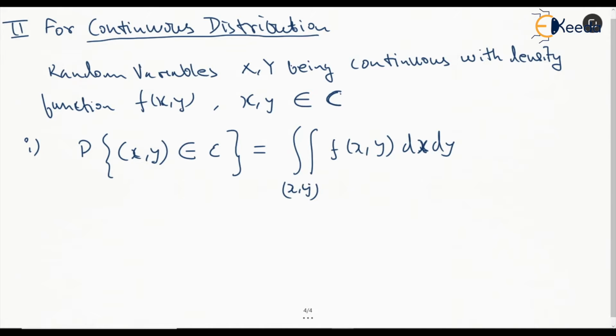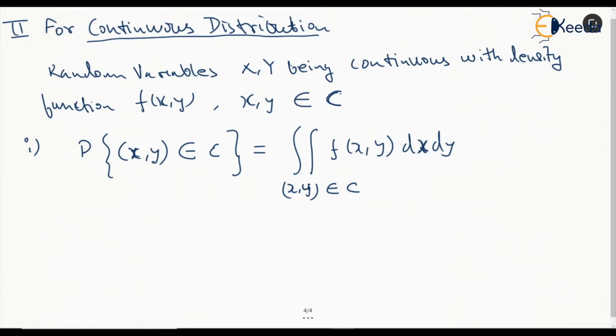You can refer to multiple integrals in calculus if you do not have a basic understanding of the double integral. So the probability for x and y, that is a two-variable function, will be the double integration, making sure that x and y belong to that region C. C will be the region which is either given, or we can find it as per the question.